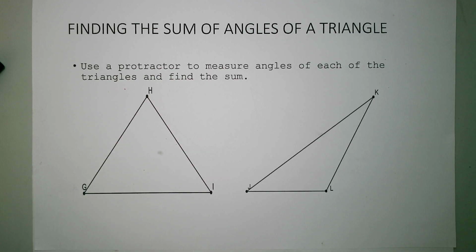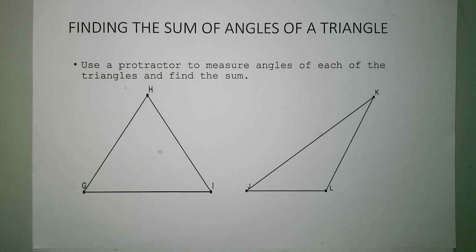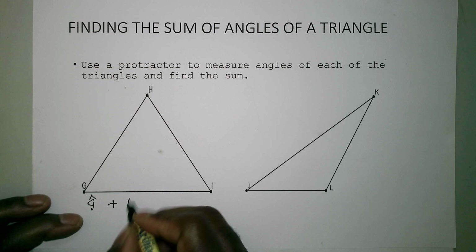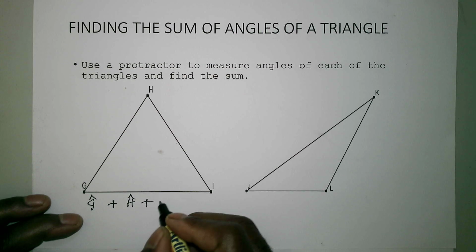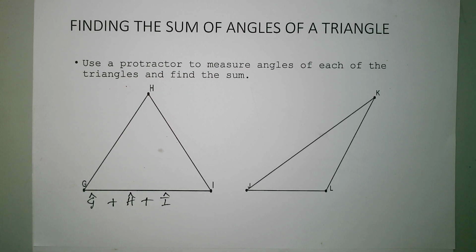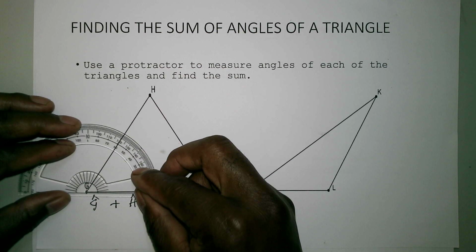We're now adding angle G plus angle H plus angle I. Please, one thing that you must know is to practice how to use a protractor. If you can't use a protractor properly, it follows that your measurement will also not be accurate.